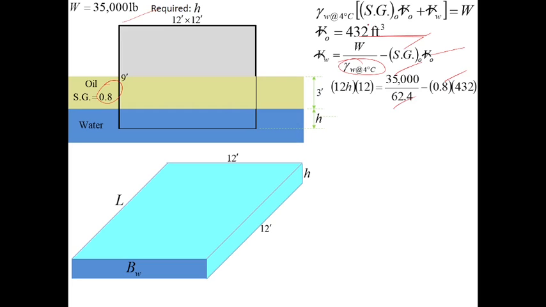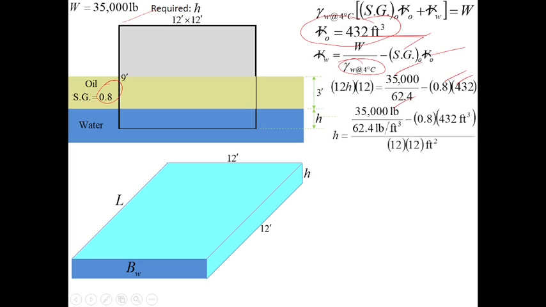Nakuha sa previous slide, yung sagot, 432 cubic feet. So, masasolve na natin yung H. So, 35,000, pinakita ko lang yung unit nila, over 62.4 pound per cubic foot minus 0.8 times 432 cubic feet, all over 12 times 12 square feet. Kasi ito ay 12 feet, 12 feet, so square feet.